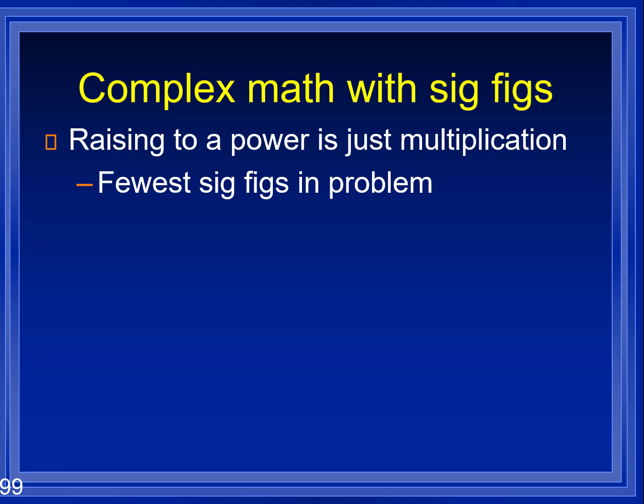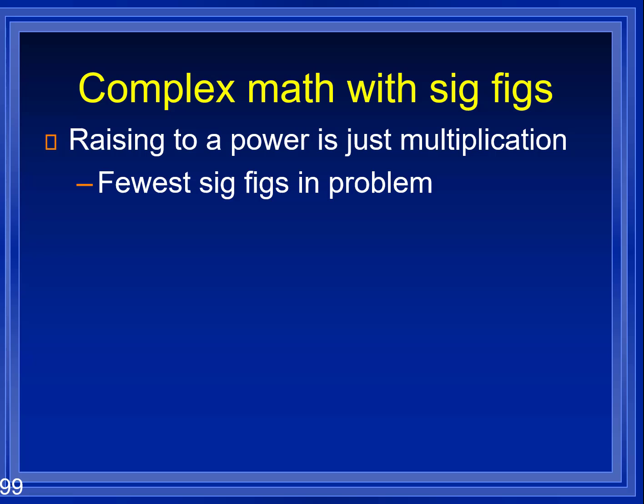So it's going to be the fewest sig figs in the problem, just like multiplication. So that's one more complex math that's easy to fix. If they ask you to cube something, if it has 4 sig figs, you're going to multiply 4 sig figs times 4 sig figs times 4 sig figs. So you're going to round off to 4 sig figs.